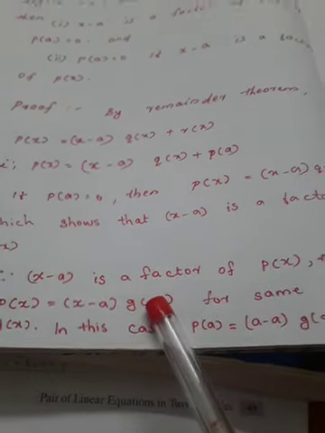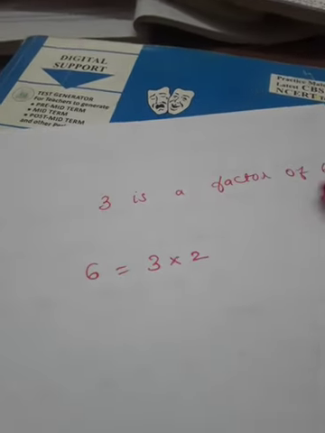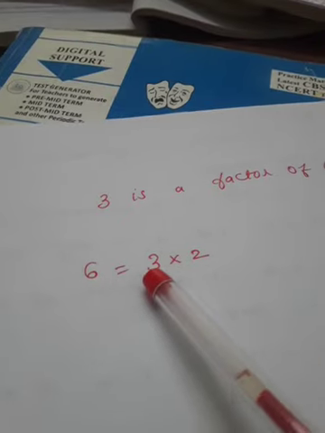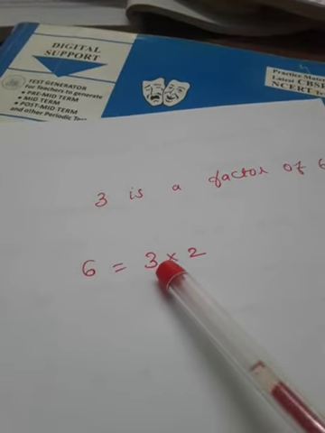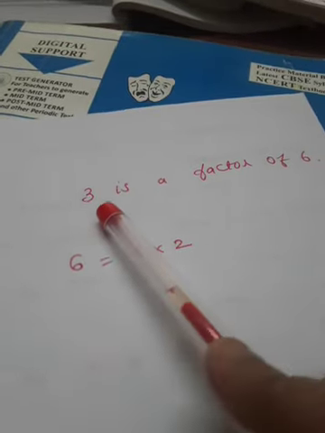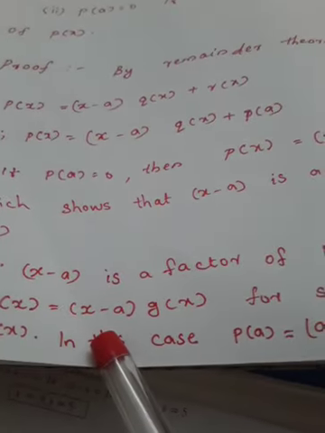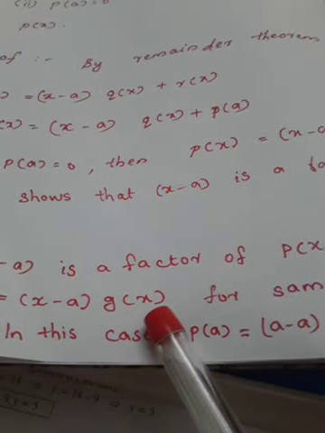For example, 3 is a factor of 6. Then how can we write 6? 6 equals 3 into 2. 3 is the factor multiplied by a number. Okay, so 3 is a factor of 6, then we can write 6 equals 3 into 2. Same way, p of x equals x minus a into g of x. Any polynomial we can write here.